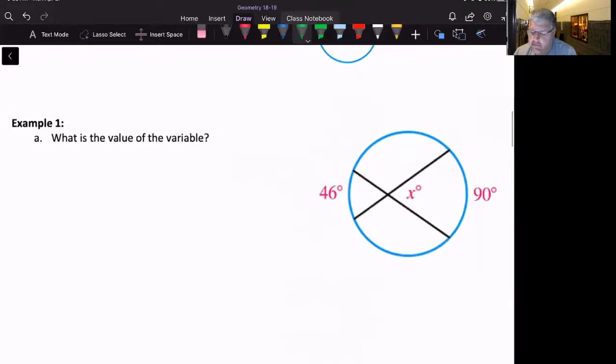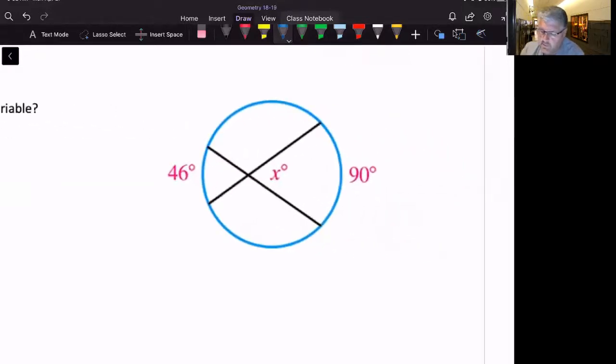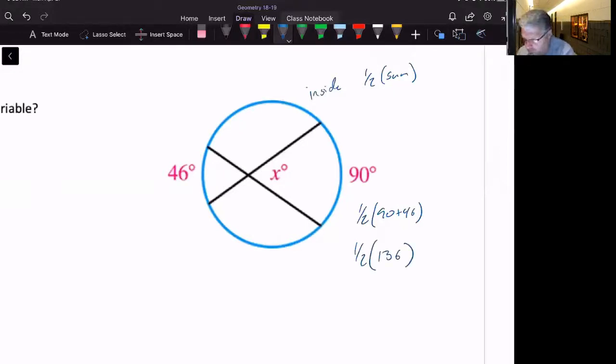What is the value of the variable here? Our first real example. We have these two that intersect inside the circle. Since they intersect inside the circle, it's 1/2 the sum. So we're going to have 1/2 of 90 plus 46. So that's 1/2 of 136.